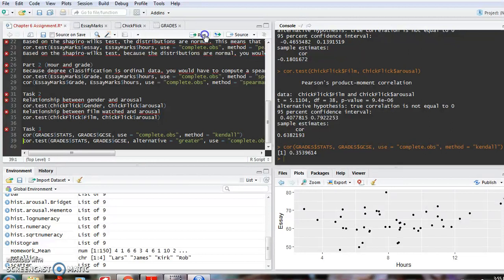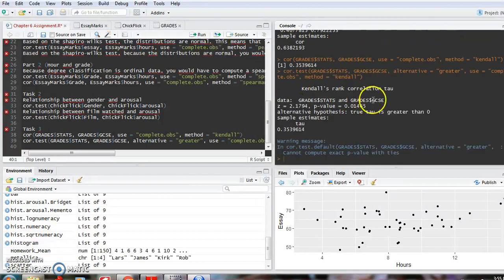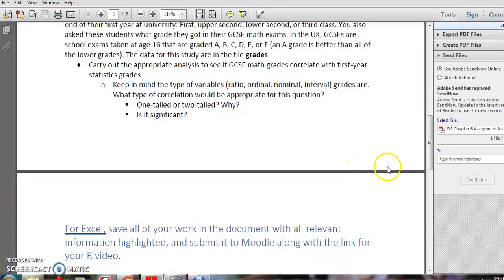If we want some more detail, whenever we run that command, we get a significant p-value of 0.01465, and this is less than 0.05. And this gives us the tau value, or correlation value, of 0.359614.